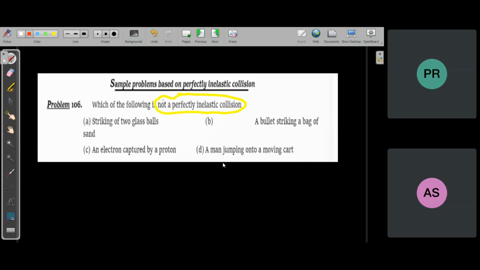Why do you think it depends on velocity? Because the momentum is conserved, sir. Here all of them will stick together. Yes, sir. Stick together, all of them.